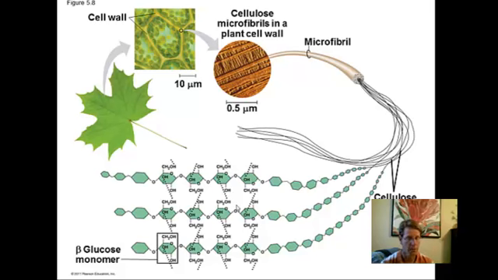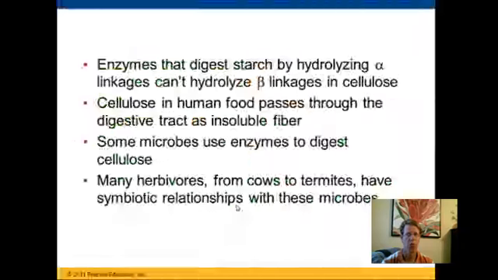Hydrogen bonds, making it very strong, coiled, really a well-designed molecule for the job that it has to do. There are microbes out there, there are bacteria out there that cows and other herbivores use to their advantage. This symbiotic relationship allows them to take grass and other plant material that would not normally be digestible and get it broken down.